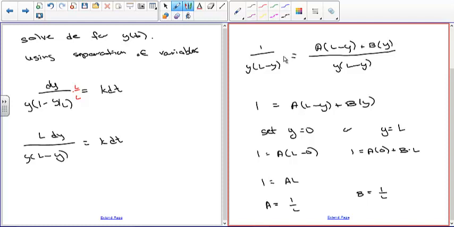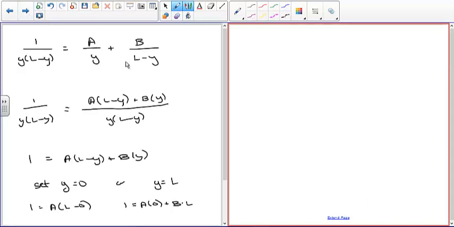So this original expression that had a product in the denominator, we can rewrite as two separate terms. That's going to be equal to 1 over L, which is a, divided by y, plus 1 over L times that.